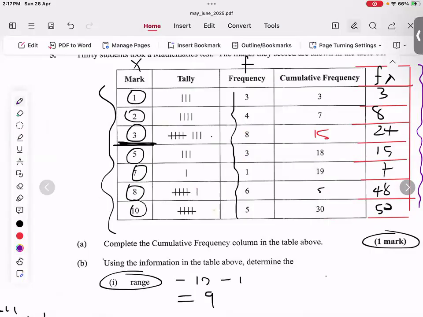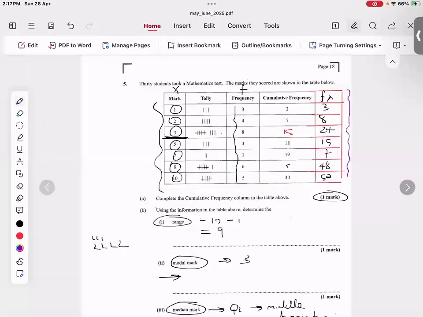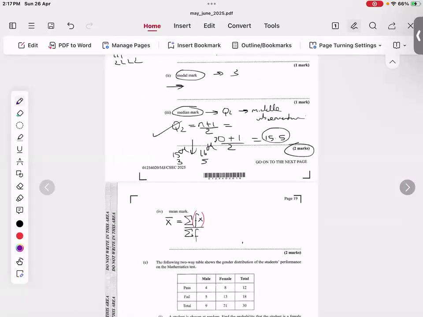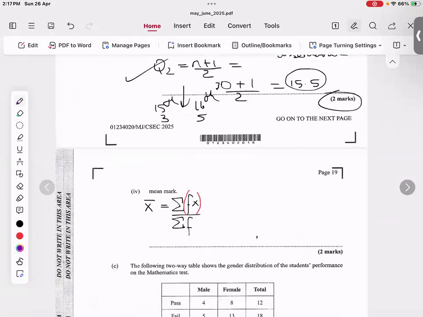Somebody can confirm that, please. Confirmation from the persons through the mic. 155, sir. Lovely, lovely, lovely.